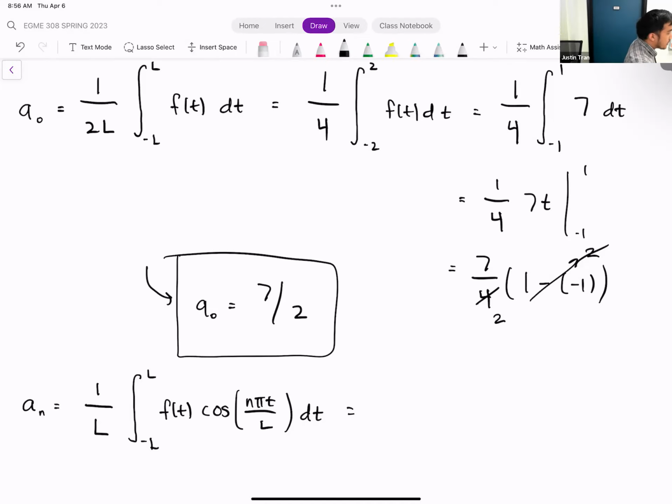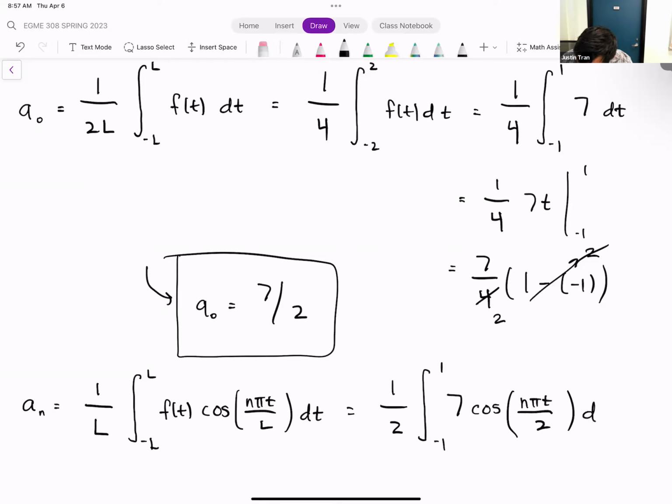Once again, we're going to do the same thing we did for A0. We plug in the value of L, but we're also going to simplify this and only integrate over the parts where the function is non-zero. Our L value here is 2. So we have 1/2 integral from -1 to 1, since the function is only non-zero there. Our f of t during that time is 7, and we have cosine of n pi t divided by 2 dt.